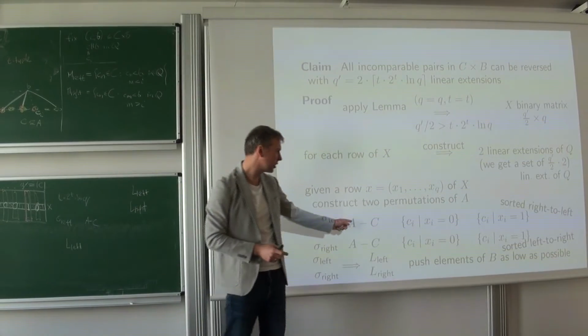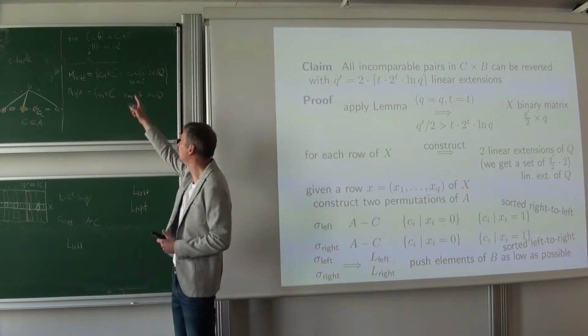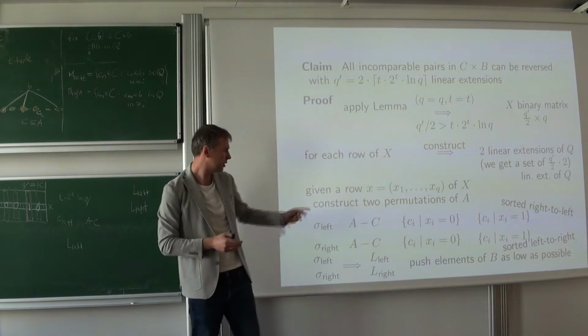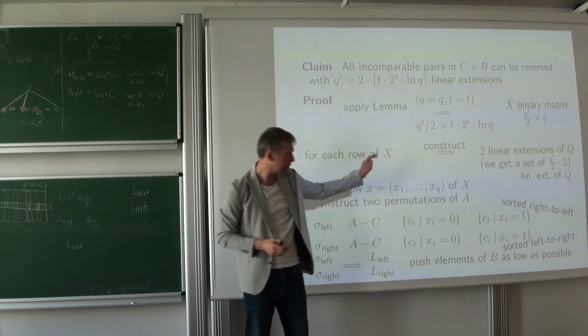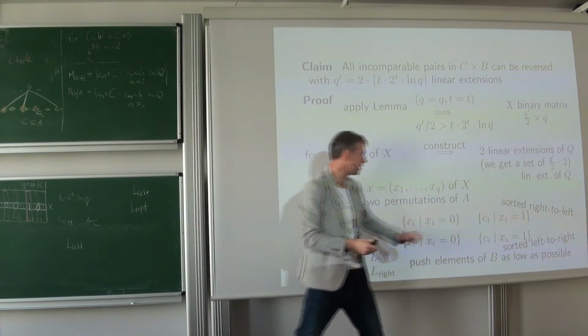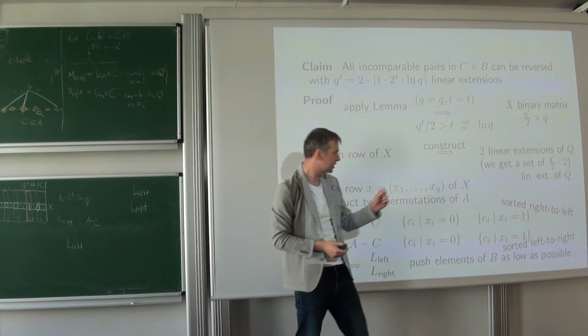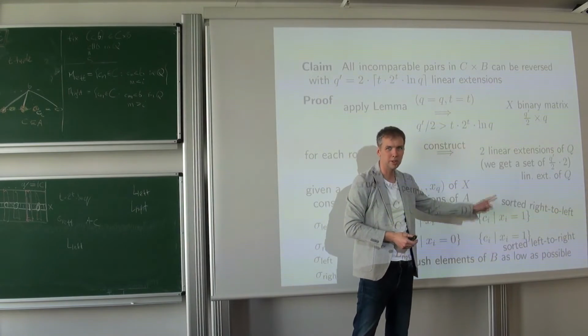This is a critical thing. First question, where is our element C, Ci? It's in this set here, because it's an element of C, and it's highlighted in my row, so it's here, right?